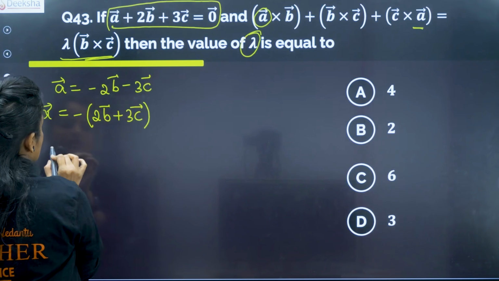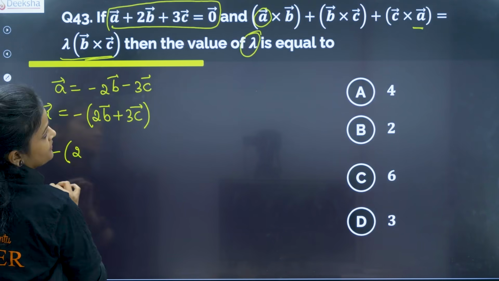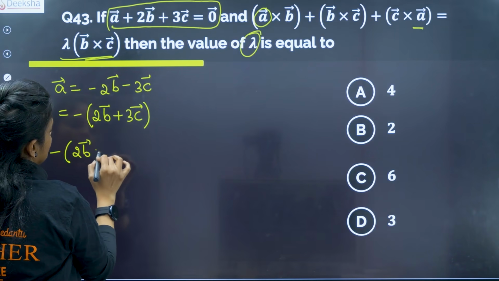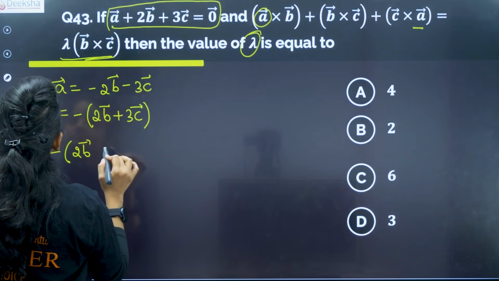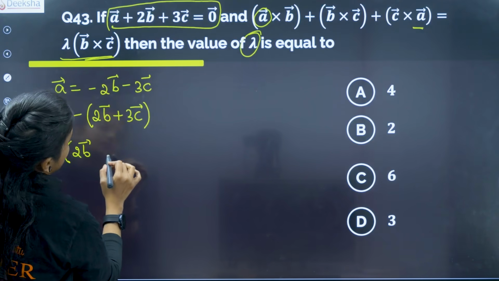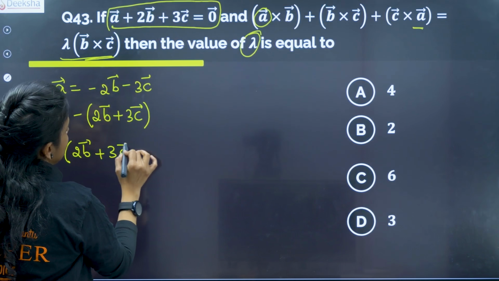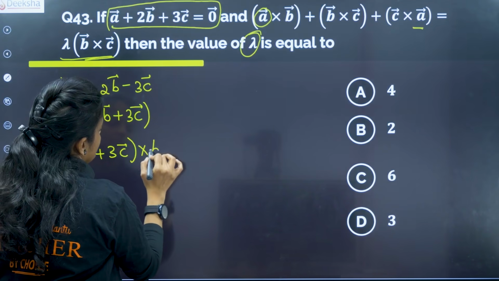So in place of A vector, minus 2 times B vector cross, plus, not plus, plus 3C then cross B vector.